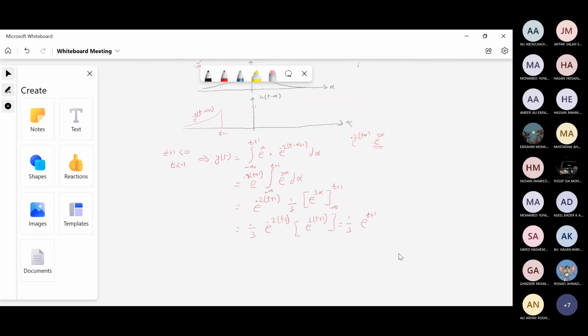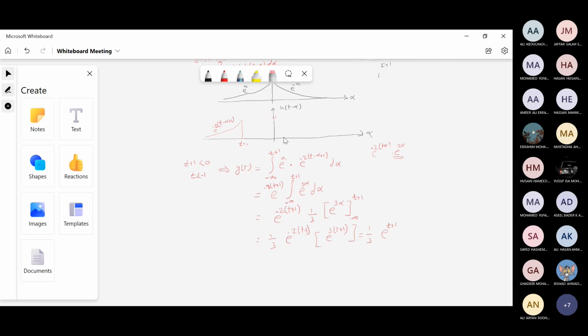Second part: when we move this one to the right, if you take it somewhere here, this is plus 1, and this is t plus 1.